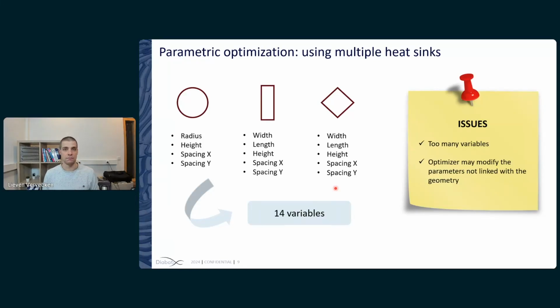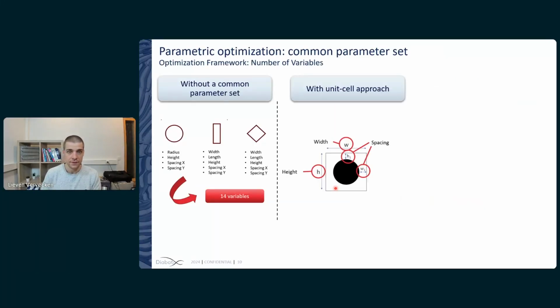So you basically have to find a more clever way of tackling this problem, and it's where a unit cell approach can be used. This is a unique process developed by Diabatix, where you break the heatsink into a simple unit cell. So rather than having a circle or a rectangle or a diamond shape, you simply have a unit shape where the shape is a variable, and you're only left with the parameters that govern the unit cell: the height, the width, and the spacing in x and y.